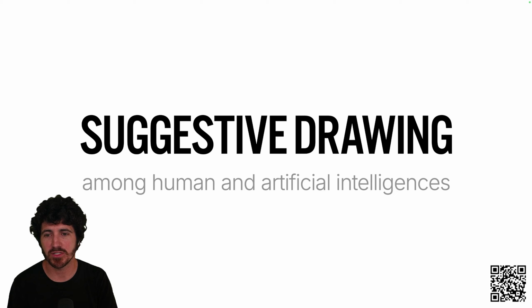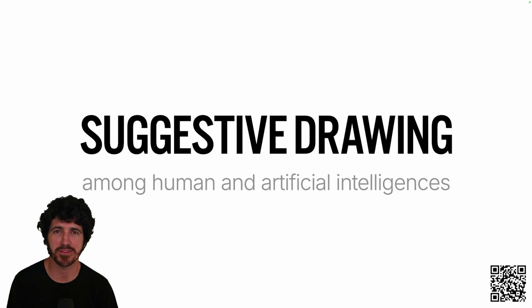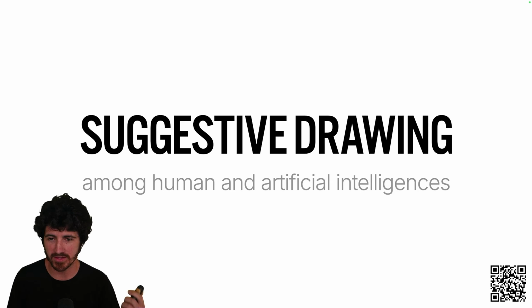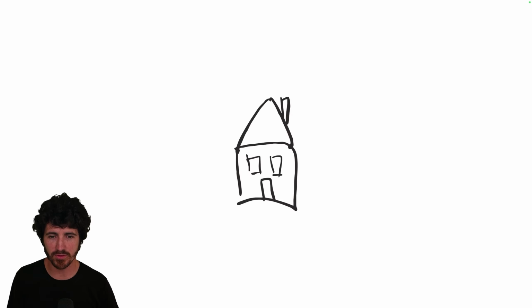This specific project was called Suggestive Drawing Among Human and Artificial Intelligences, which I presented as my master's thesis at the Harvard Graduate School of Design with the guidance of Panayotis Michalatos, who is maybe the most intelligent person I know, probably. He's really cool, really creative, and everything he does is pretty nice. So let's dive into this.